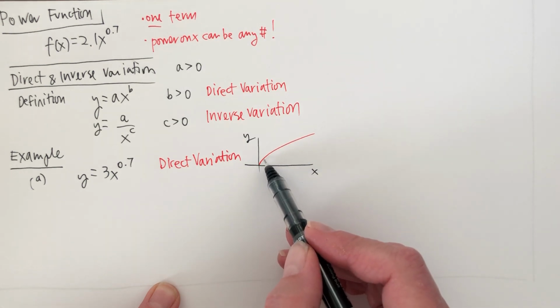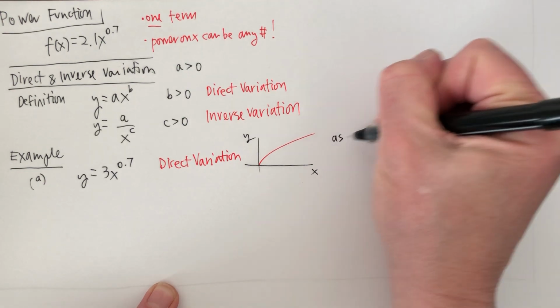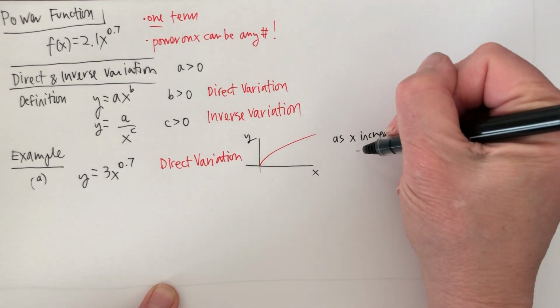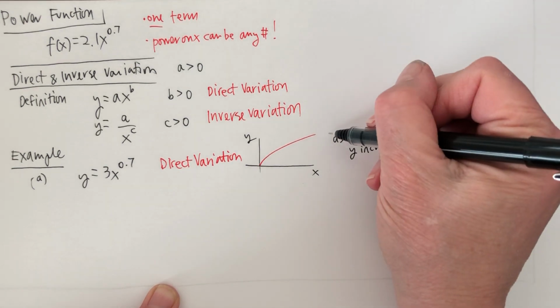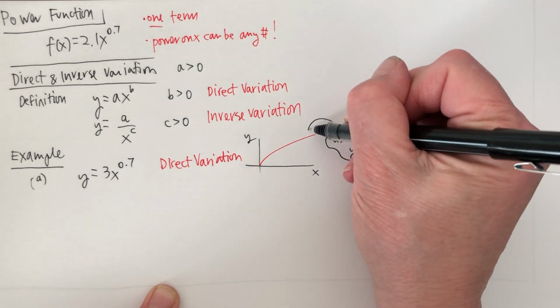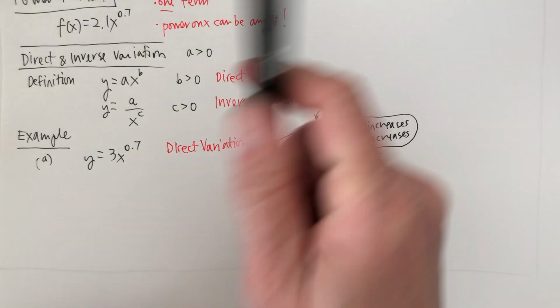Over here it was growing really fast, a little bit slower, but still growing. So as x increases, y increases. In this function, in this relationship, and it's obvious in this graph, this is a marker of direct variation.